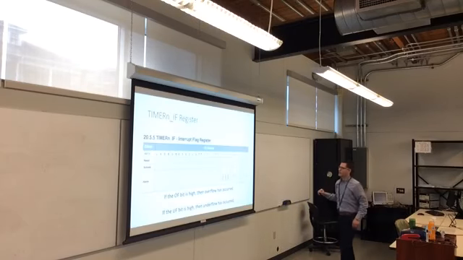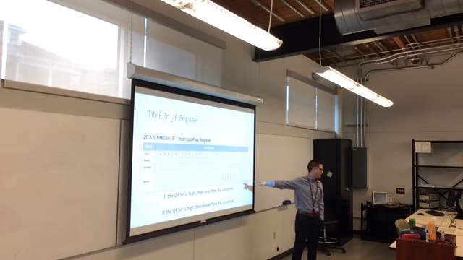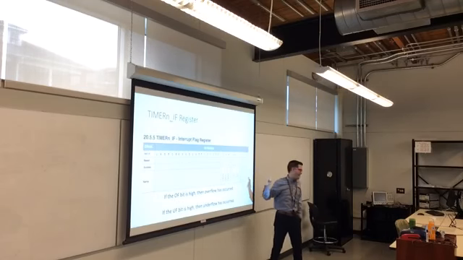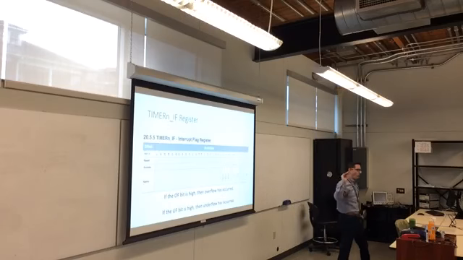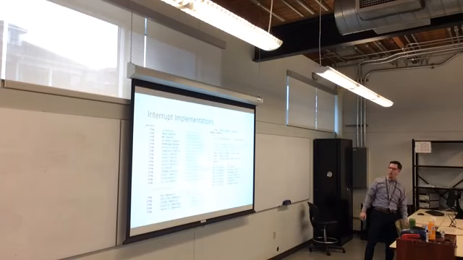So the idea is that if an overflow interrupt occurs, the bit 0 in the IF register will be high. That means you need to write a 1 to bit 0 in the IFC register to clear the interrupt. So this bit in IF is going to go high. You need to write a 1 to the corresponding bit in IFC to make it go away.